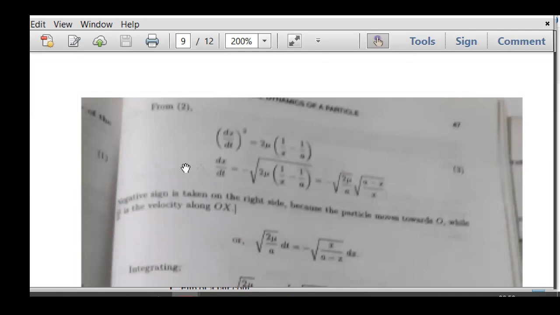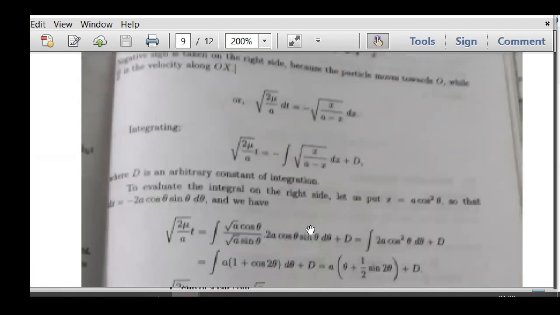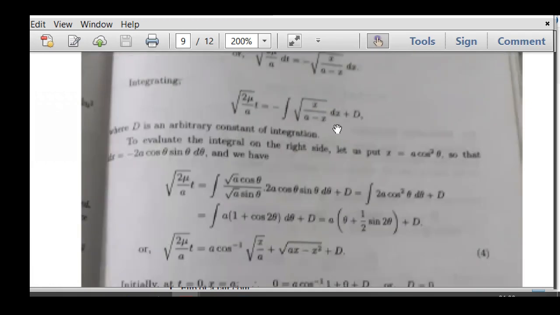Now dx dt equals minus, again the minus sign is taken, and you have to give the same justification: the negative sign is taken on the right hand side because the particle moves towards O, while x is increasing along OX. Once you take the minus sign, you can integrate it to find t, plus d, again an arbitrary constant will come.